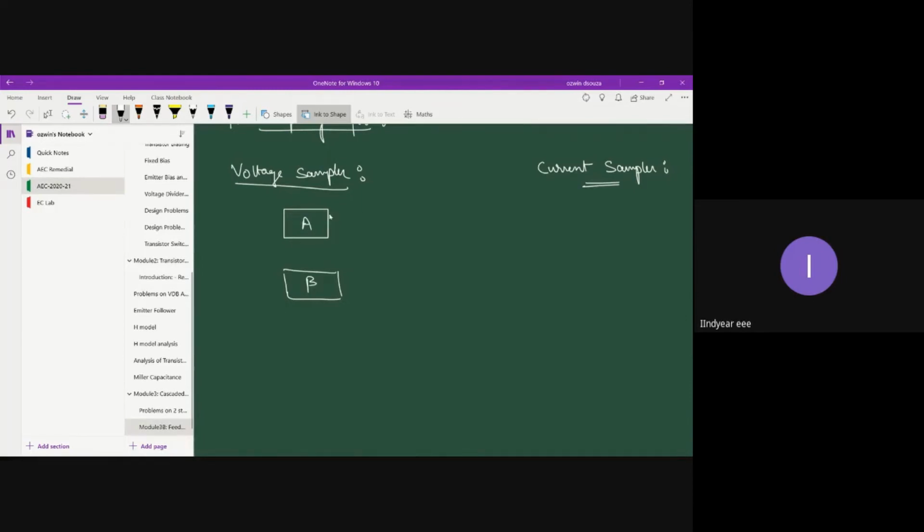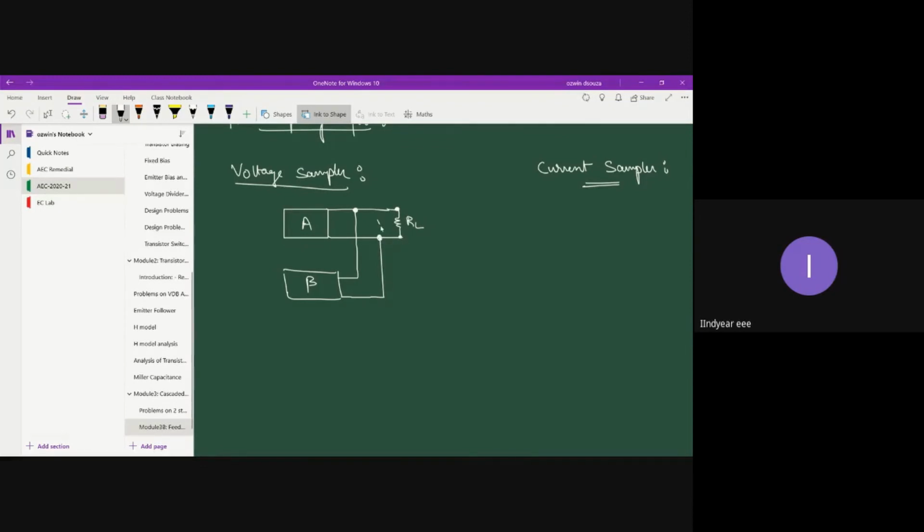In the case of voltage sampling, let's say this is the resistance RL, which is the load. Voltage is tapped by connecting wires across the load resistor. So what we have done is connected two wires across the load. One wire is connected to this end of the resistor, and the other wire is connected to this end of the resistor.